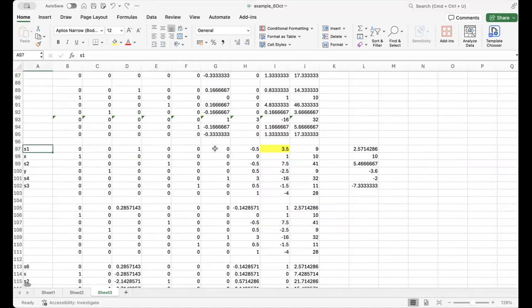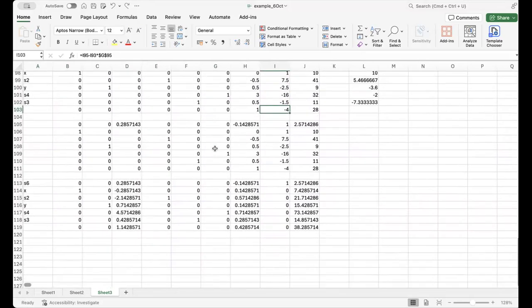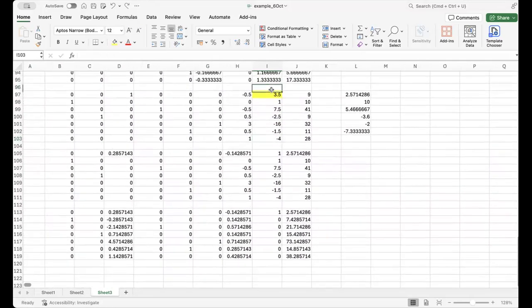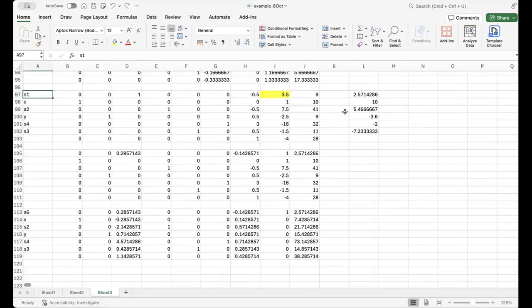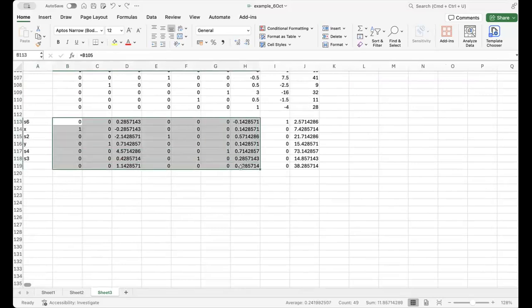Our basic variables contain S1, X, S2, Y, S4, and S3. We still have a negative element here. We introduce S6, and we remove S1. You do the same.